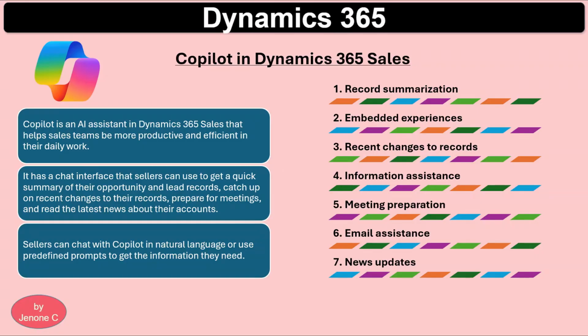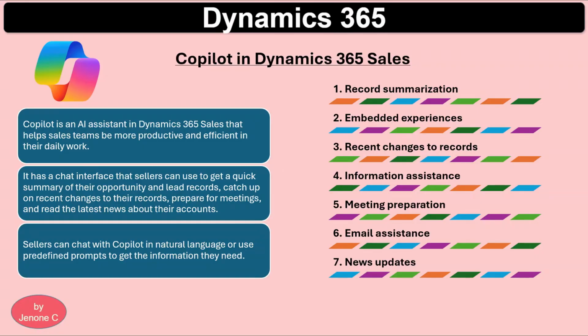Here we are going to explore Copilot in Dynamics 365 Sales. Copilot is an AI assistant in Dynamics 365 Sales that helps sales team members to be more productive and efficient in their daily works or their day-to-day activities.